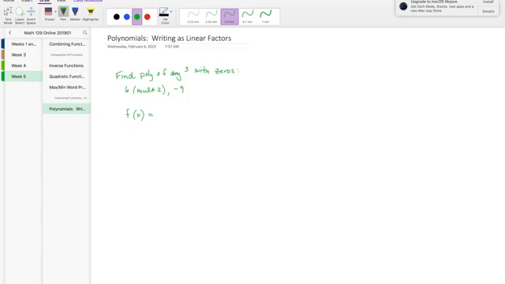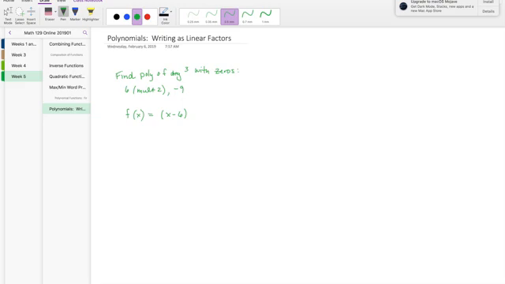So if it has a 0 of 6, so if 6 is a 0, then what factor did I set to 0 to solve to get at? So basically, if 6 is a 0, then x minus 6 is a factor, right? Because if I now were working to find the zeros, I would know that if x minus 6 equals 0, then x equals 6.